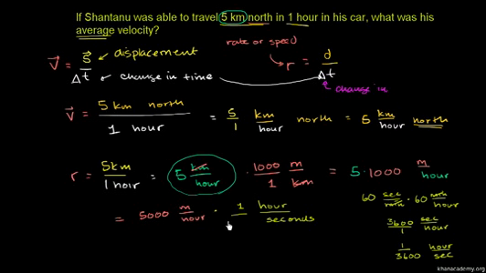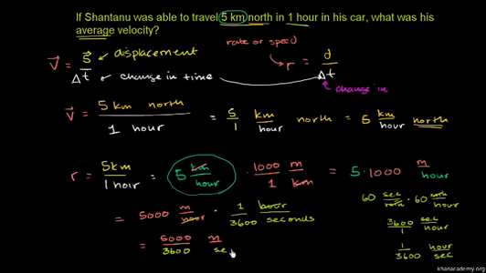So 1 hour is the same thing as 3,600 seconds. And so now this hour cancels out with that hour. And then you multiply or appropriately divide the numbers right here. And you get this is equal to 5,000 over 3,600 meters per, all you have left in the denominator here is second.